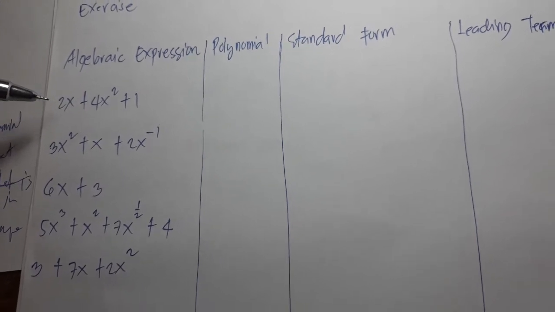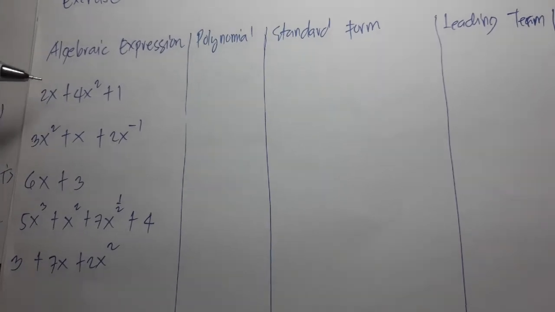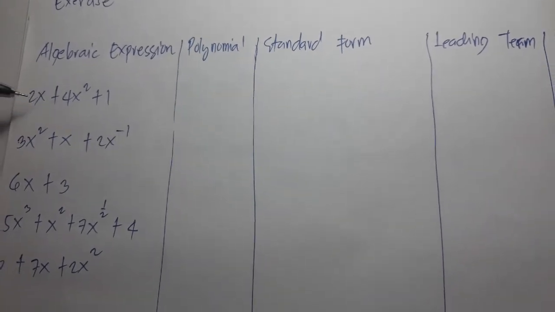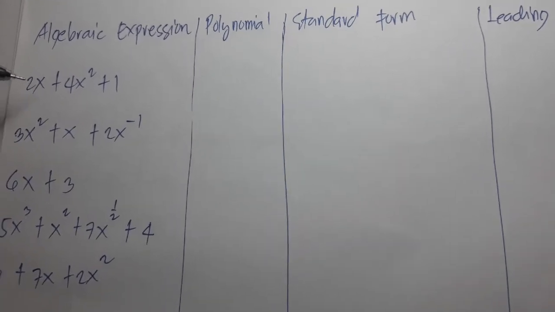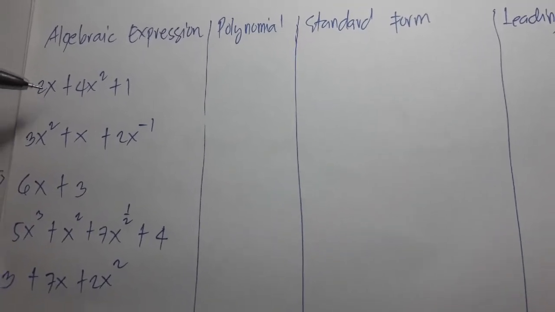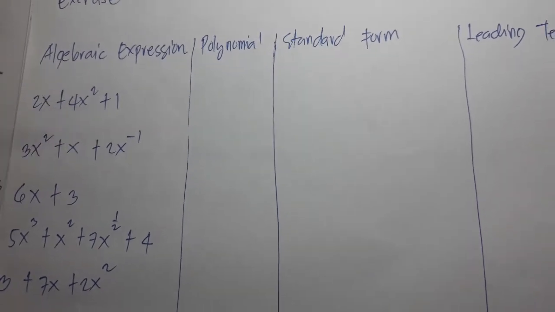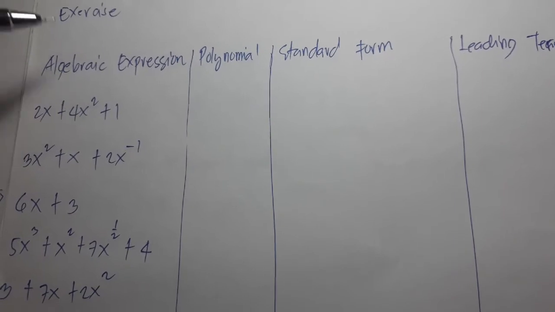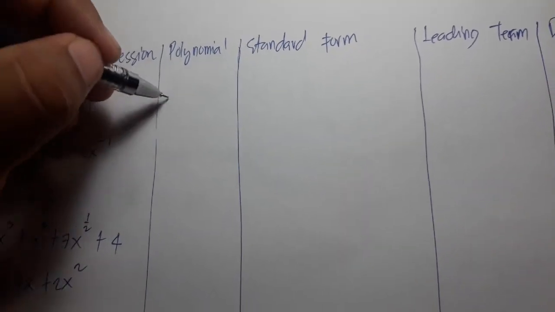Actually, you can use variables aside from x, but in this case we are using x. So look for the exponents. The exponents are all positive or whole numbers. There are no negatives or fractions. So is this a polynomial? Yes.